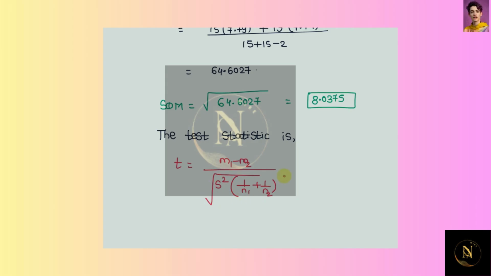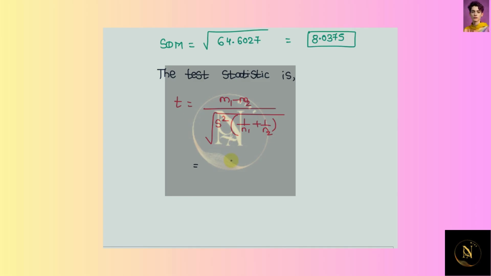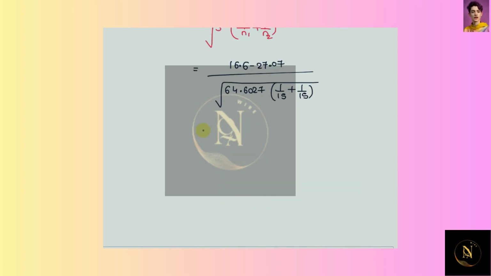Substituting m1 and m2, which is 16.6 minus 27.07, divided by the square root of 64.6027 into (1 upon 15 plus 1 upon 15), we get the test statistic approximately equal to minus 3.567, that is minus 3.57.